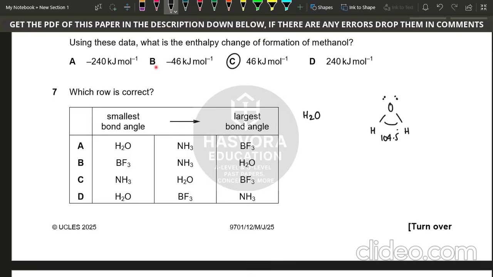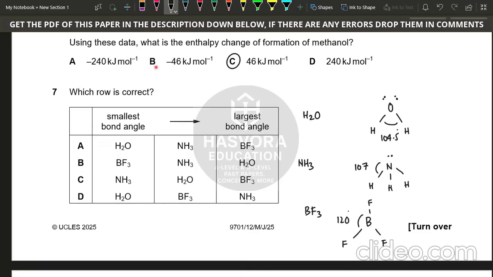For ammonia we have nitrogen, it has a lone pair and 3 hydrogen atoms, and it has a bond angle of 107. And for BF3, the boron is just bonded to 3 fluorine atoms, so it has an angle of 120.